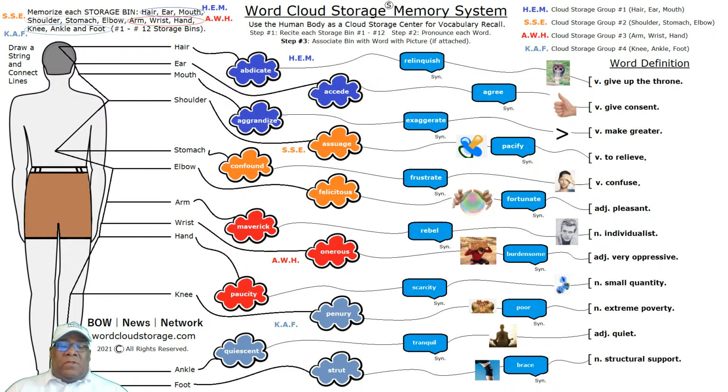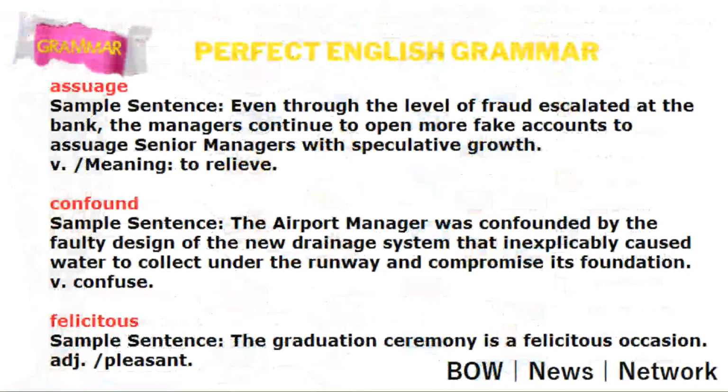Once you see that word abdicate, it should help you to recall the picture first, and then everything else should fall into place. So let's look at the orange group, which is the SSE group: shoulder, stomach, elbow. We see assuage, and that is pacify. We have a pacifier there, to relieve. Let's see how it's used in a sentence.